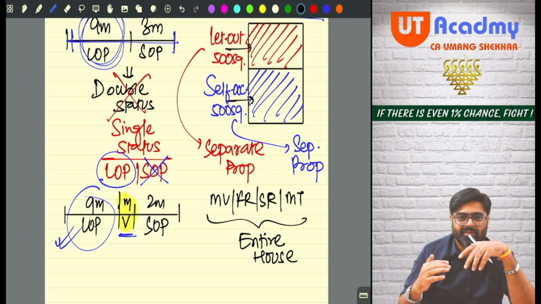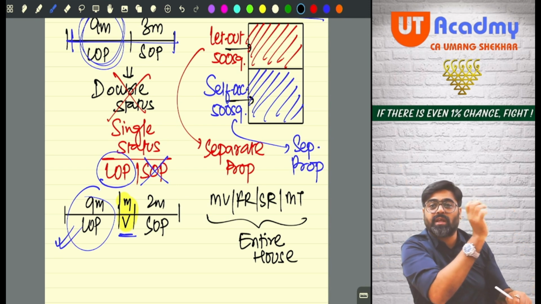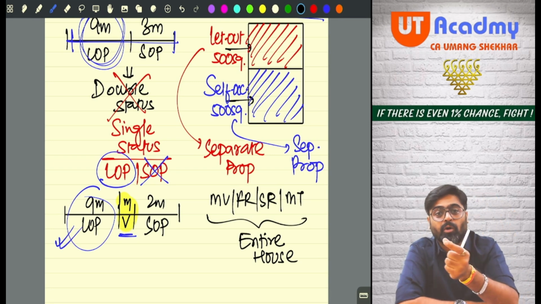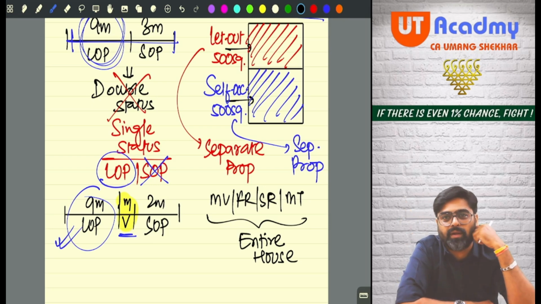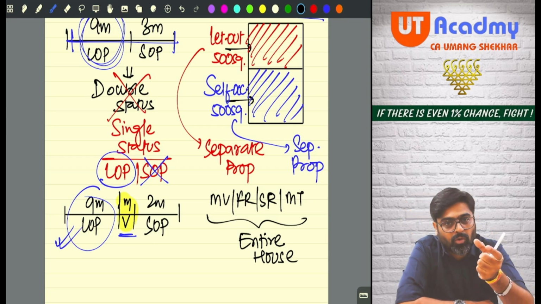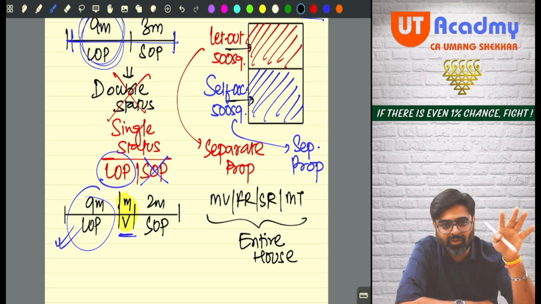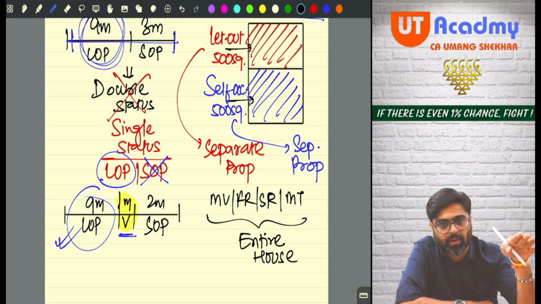Half, half. Half of this relates to the let out portion, half of this relates to the self-occupied portion. The half of these amounts which relates to the let out portion, from that the LOP income will be calculated. And the half amounts which relate to the self-occupied portion will be ignored, because the self-occupied portion is a separate property.